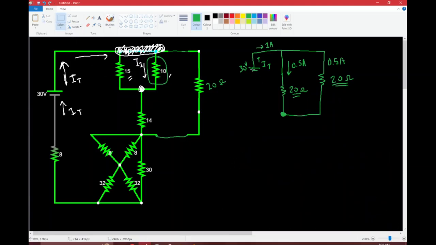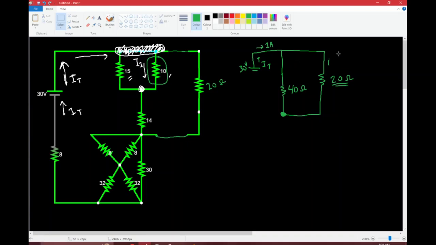Just as an example, you can skip this part if you're not super interested, but let's say, for example, this path over here was 40 ohms. So if that was 40 ohms, how much current do we expect to move through that path?